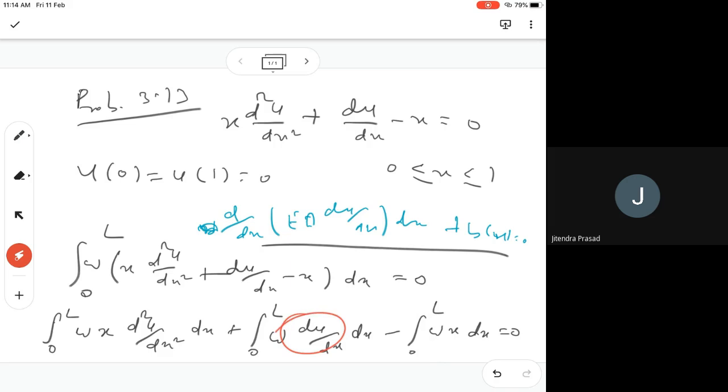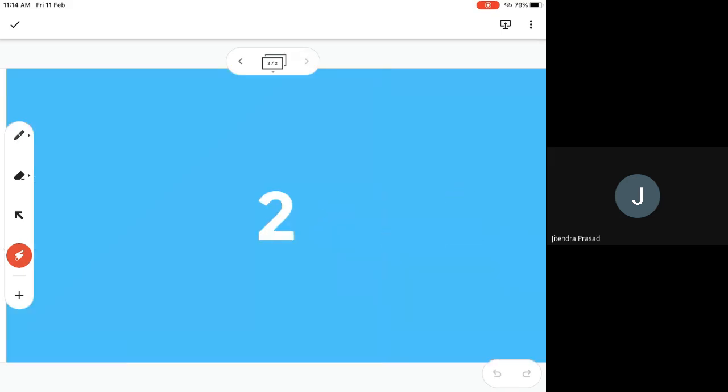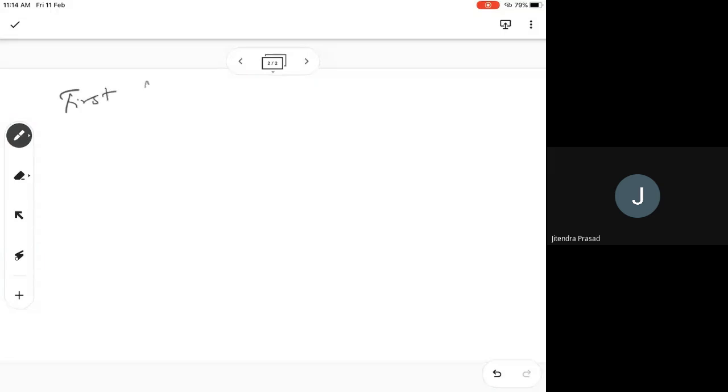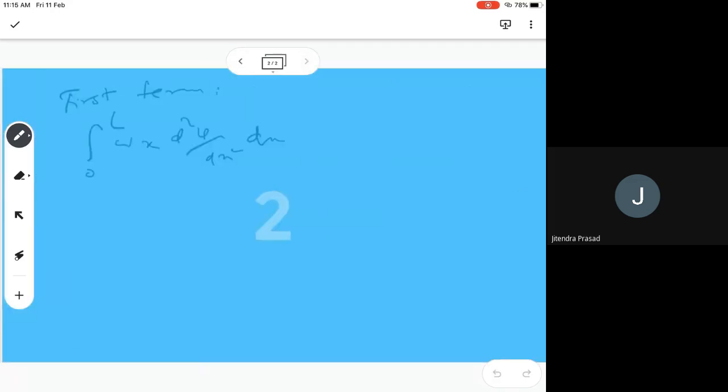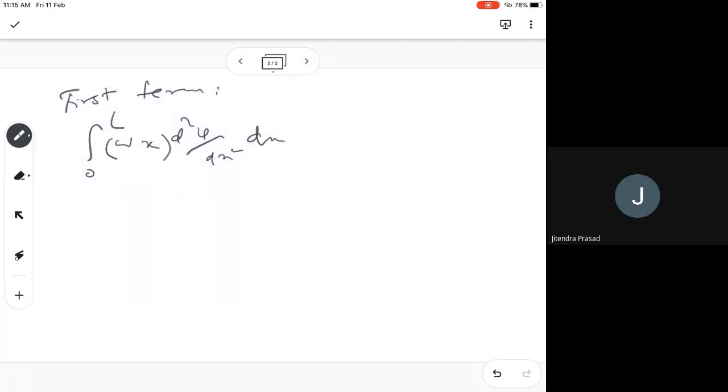Maybe this term will not be there, so how do we know? Let's work it out first. Let's take the first term: the integral from 0 to L of w times x d square u dx square dx. Remember that these things are together.